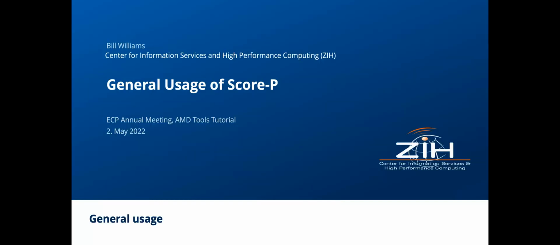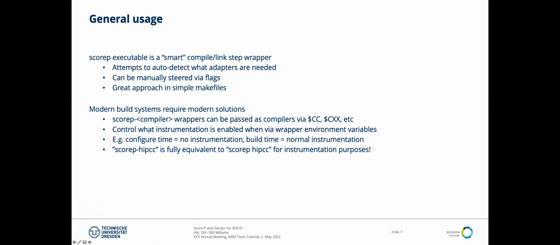Usage, which is what you guys actually care about. The executable for SCORE-P is a smart compile and link step wrapper. By this, I mean we try to look at the existing compile line or link line and figure out, based on that, what adapters we need and what the right thing to do for instrumentation is.